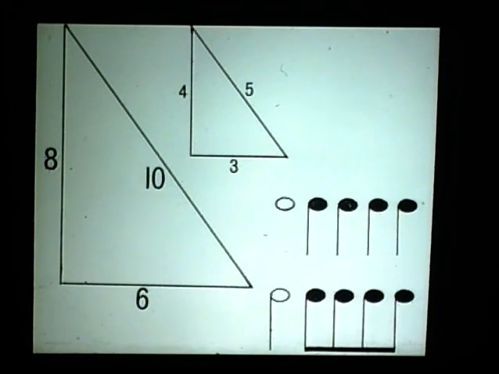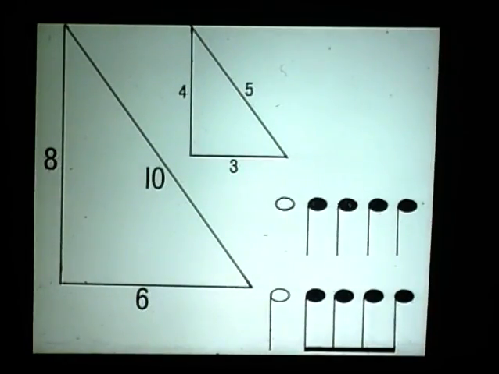Look at these triangles. A 3, 4, 5 triangle and a 6, 8, 10 triangle. You can change one to the other by changing the scale of length. We describe them as geometrically similar.